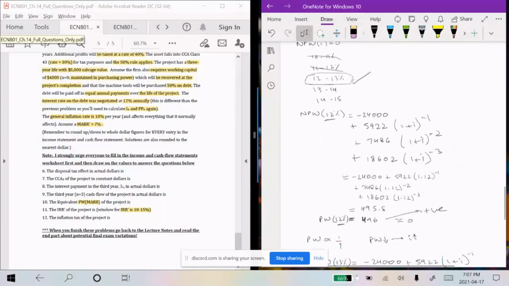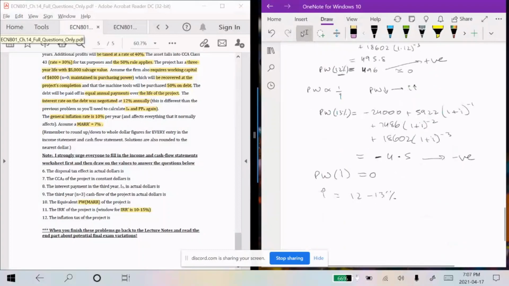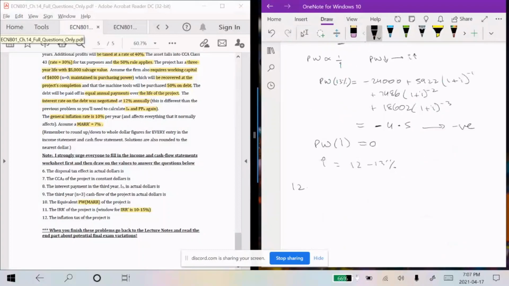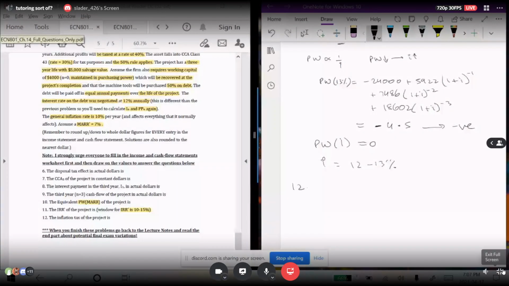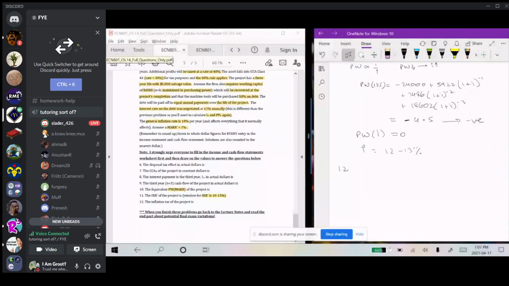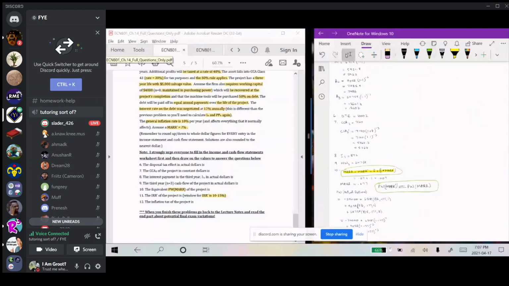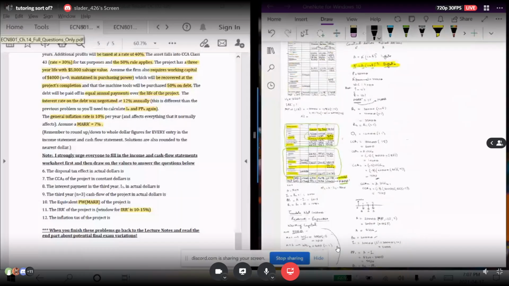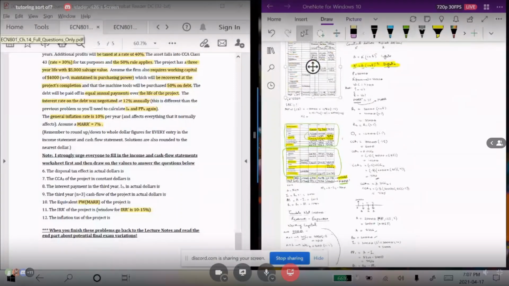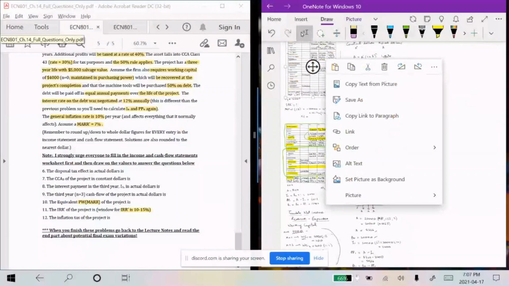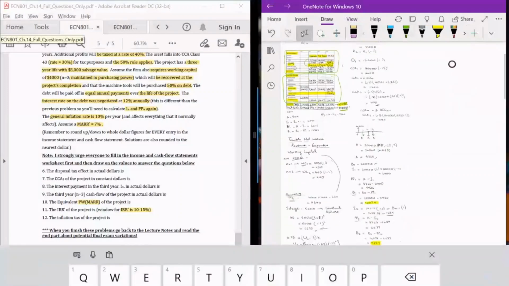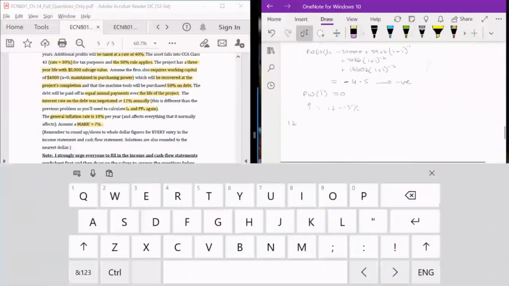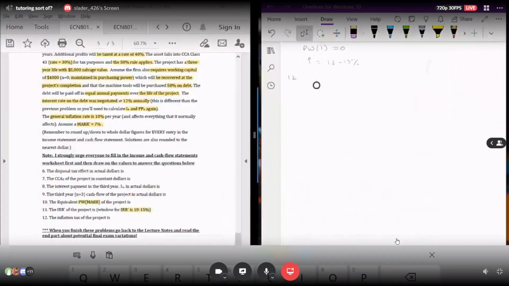Okay. Now, finally, the last question. Okay, the inflation tax. All right. Yeah, this is pretty bad. Let me see if I can copy this. So I'll first explain what the inflation tax means.